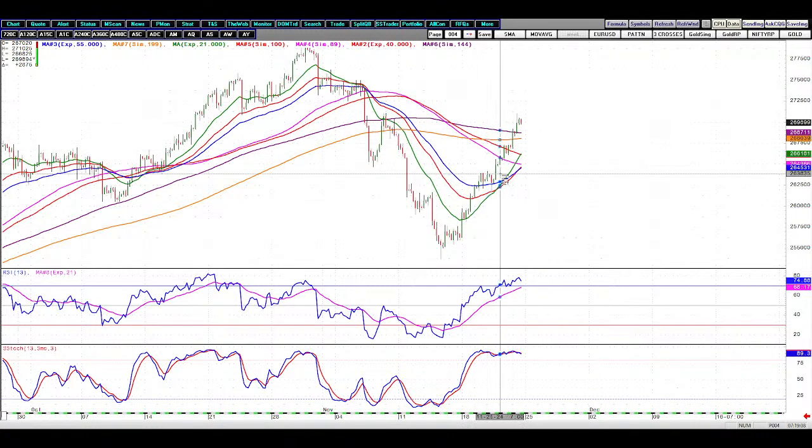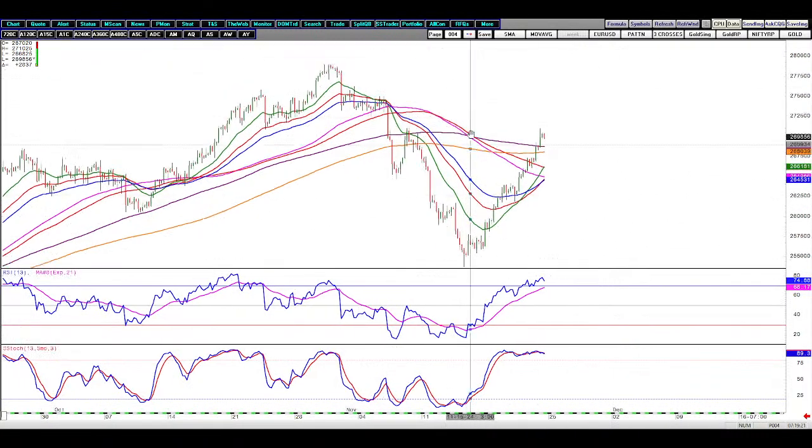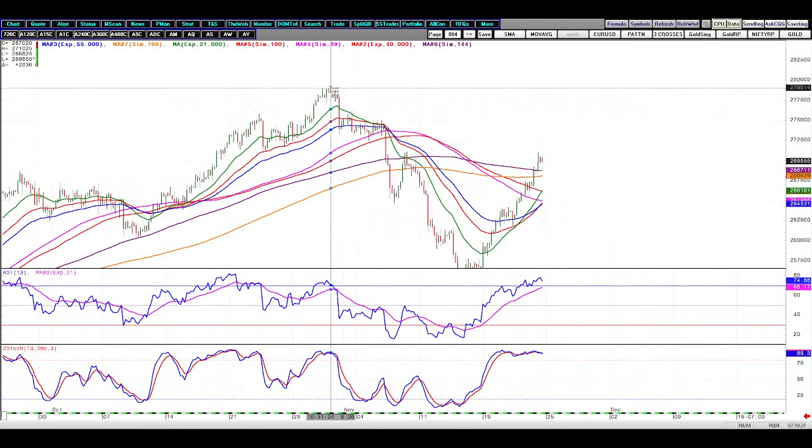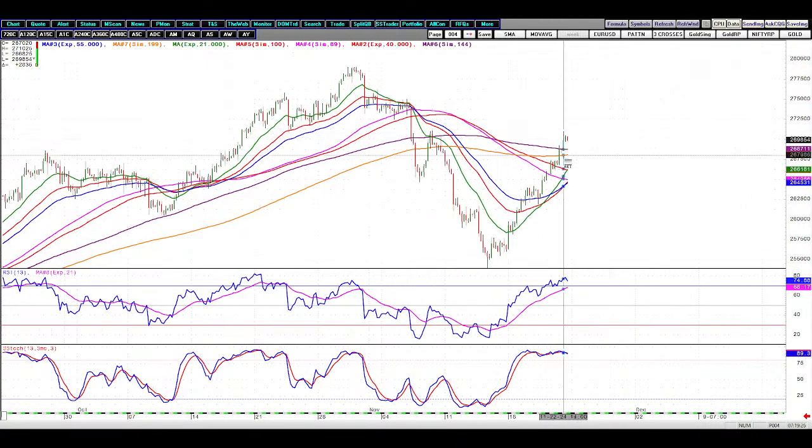But this move we are getting mainly because of geopolitical news, especially it looks like everyone is preparing for war. If it comes, then definitely this is going to be a big rally, and we should see the price breaking the previous high. So this is for the medium term to long term.